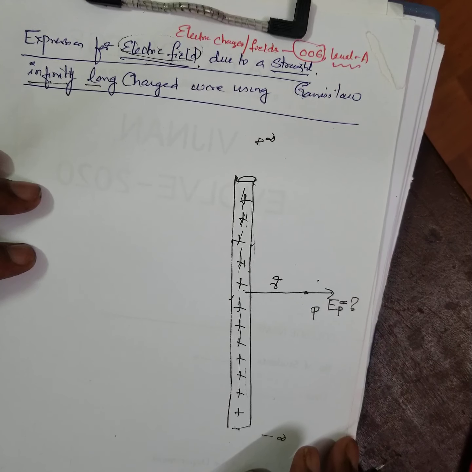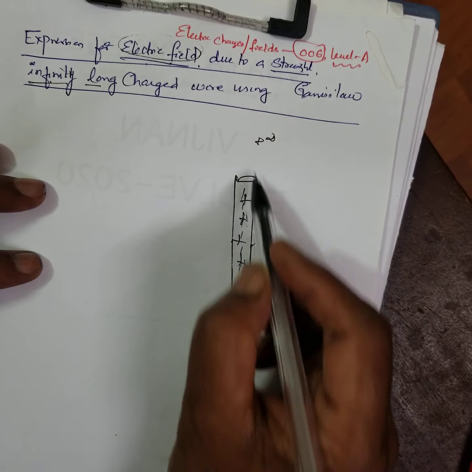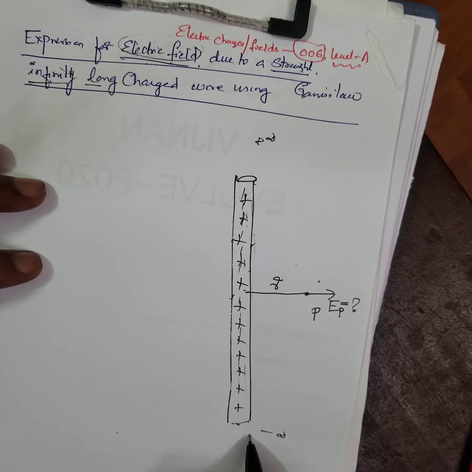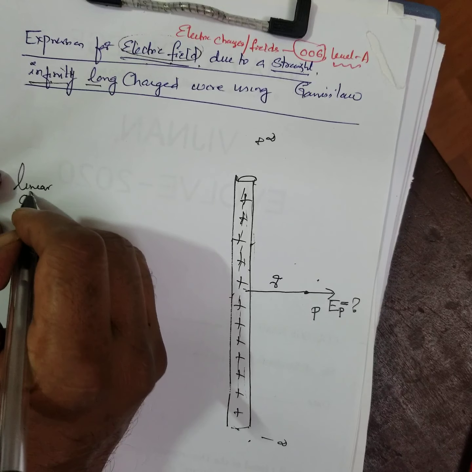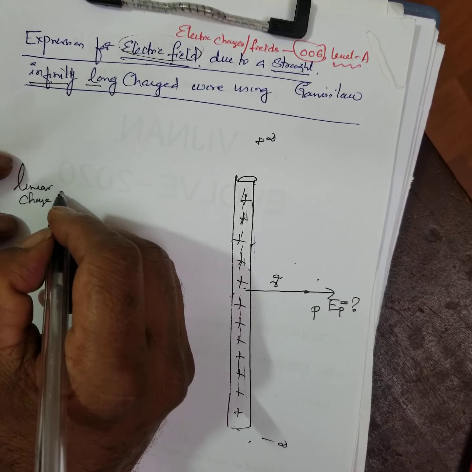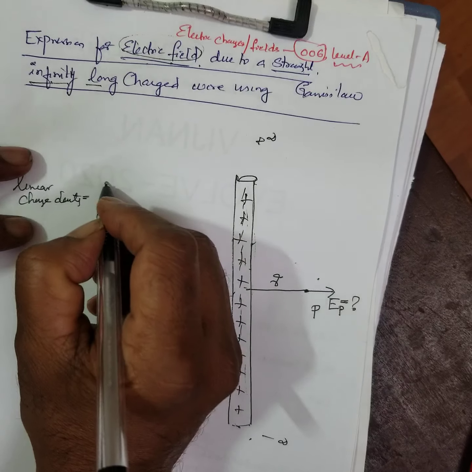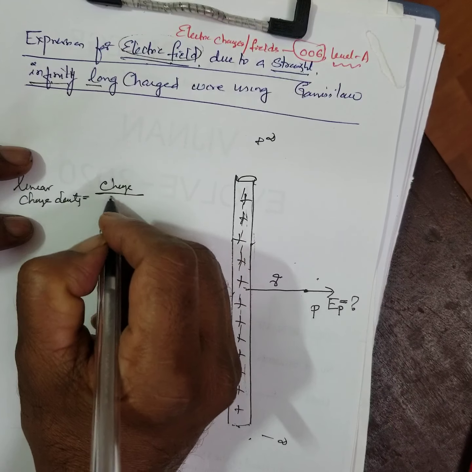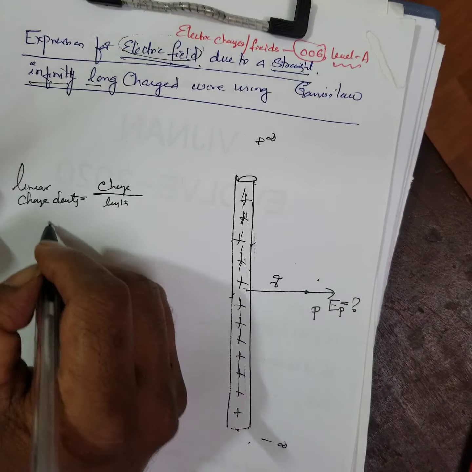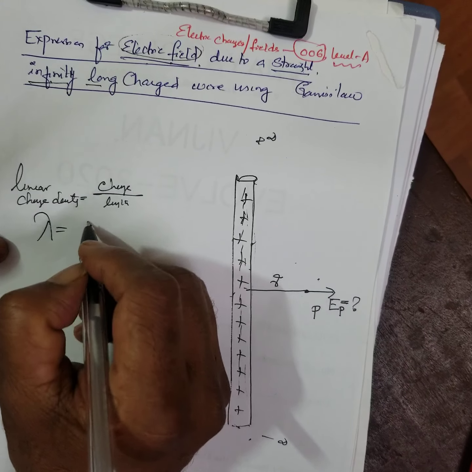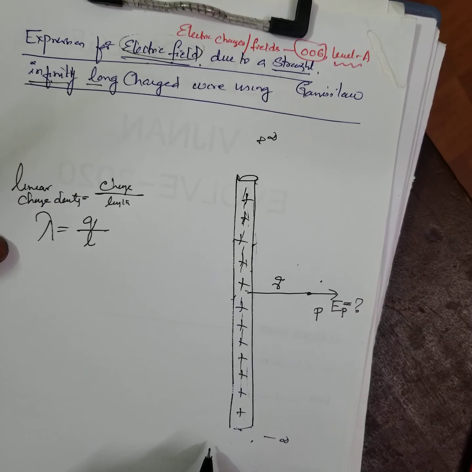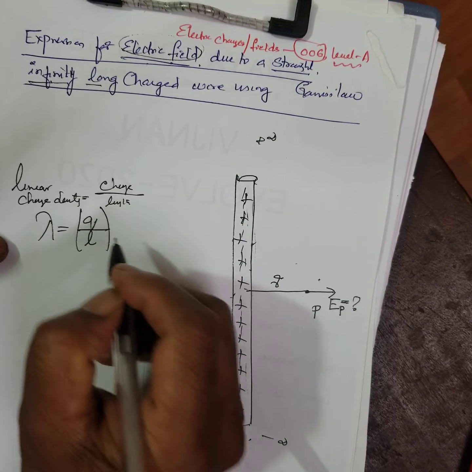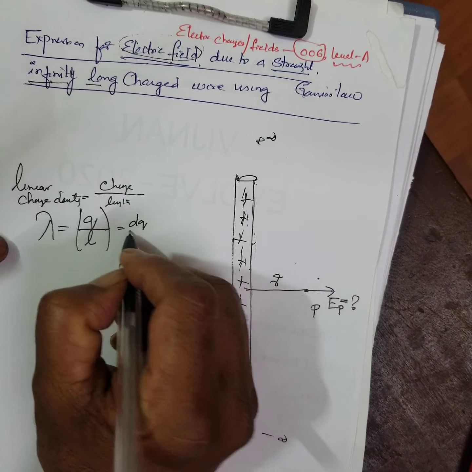Now consider a long infinite thin wire with a uniform linear charge density. What is linear charge density? Charge per unit length, is it not? Linear charge density lambda is equal to charge per unit length. Sometimes you can also write it as dq by dl.